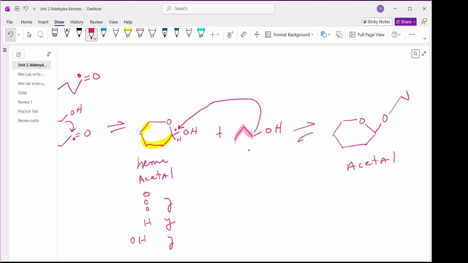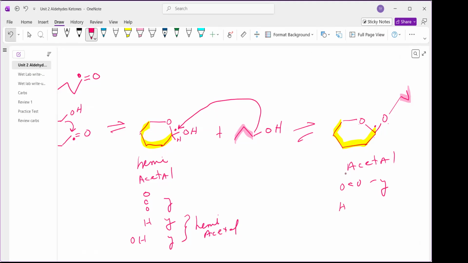Yes. So that's a hemiacetal. We have OCO.